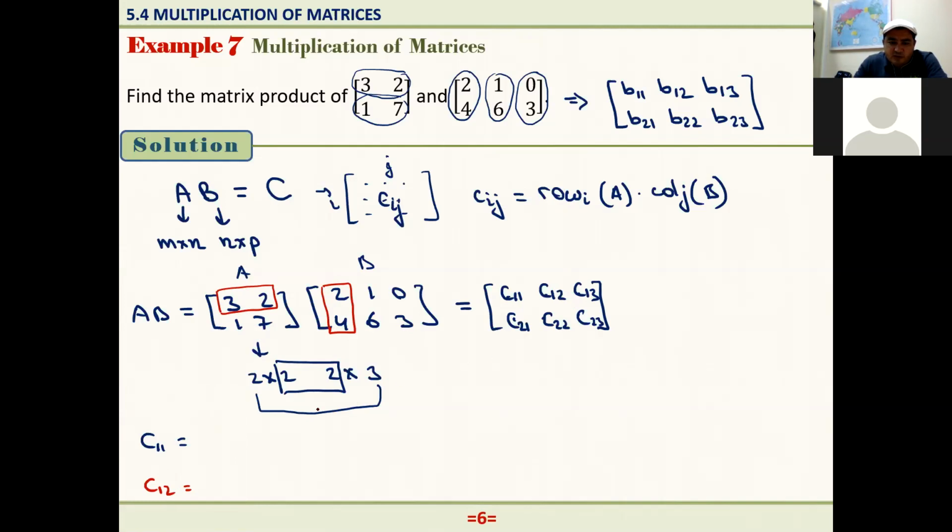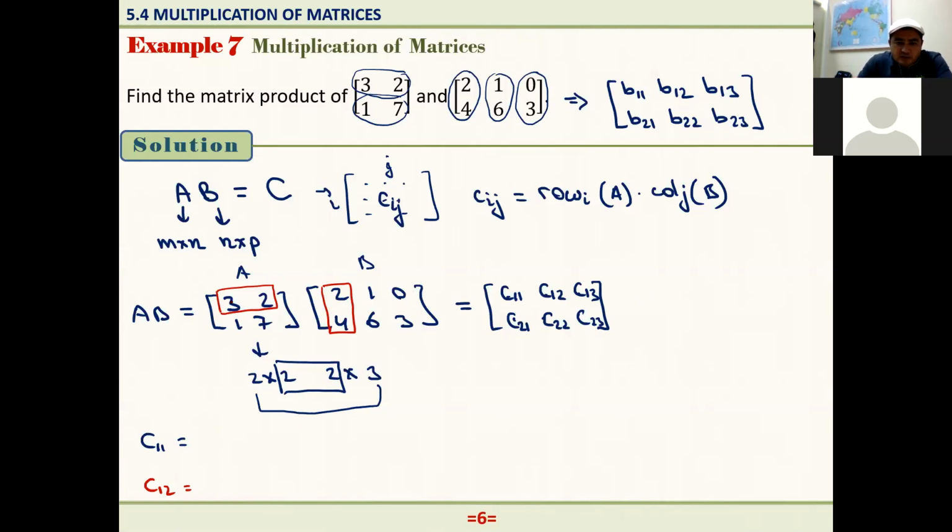C13 means the first row by the third column. So to write the entries of the first row, we multiply the first row by the first, second, and third columns. We are done with the first row. To write the entries of the second row, I multiply the second row by the first, second, and third columns.